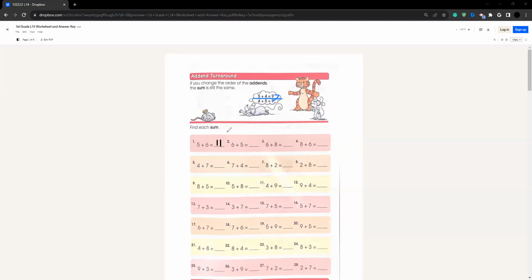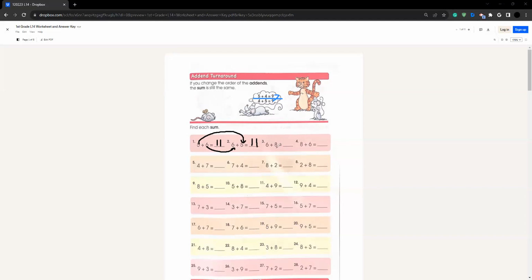And from this, we can do number 2. 6 plus 5, sorry, is going to be the same number, 11, because this number is the same, and this number, they're the same. So the answer does not change. Let's go to number 3.